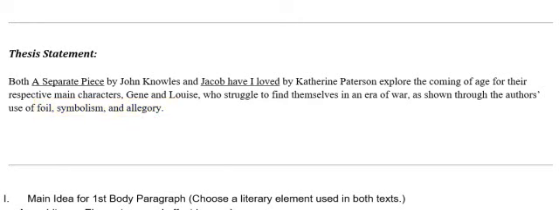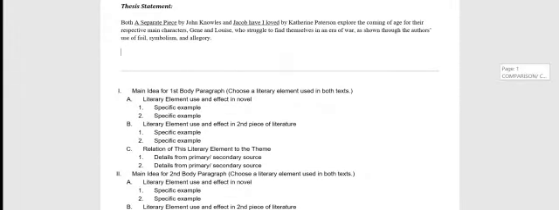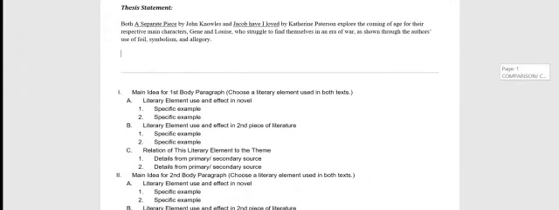Now, if you take a look at the outline that you've been provided, you can almost fill in the blank with what you want to use. So here it says choose a literary element used in both texts. Since I know from my thesis statement I have the use of foil, I'll use that for number 1.